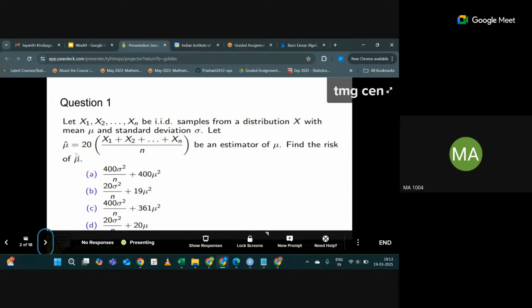Let mu hat be 20 times (X1 plus X2 plus so on till Xn) divided by n. This is an estimator of mu. You have to find the risk of mu hat.